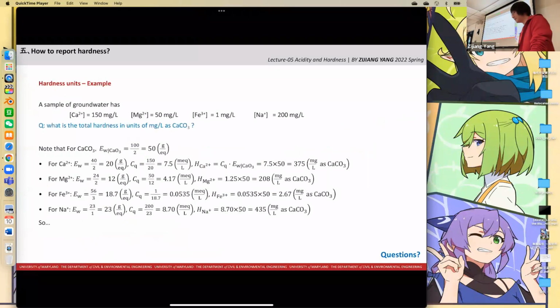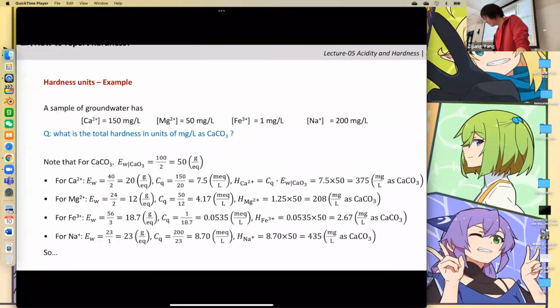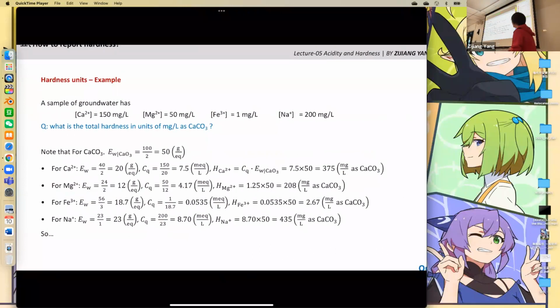And here is an example. Suppose we have a sample of groundwater that has calcium, magnesium, iron, which has 3 charges, and sodium. In this case, we have the question: what is the total hardness in the units of milligram per liter of calcium carbonate?